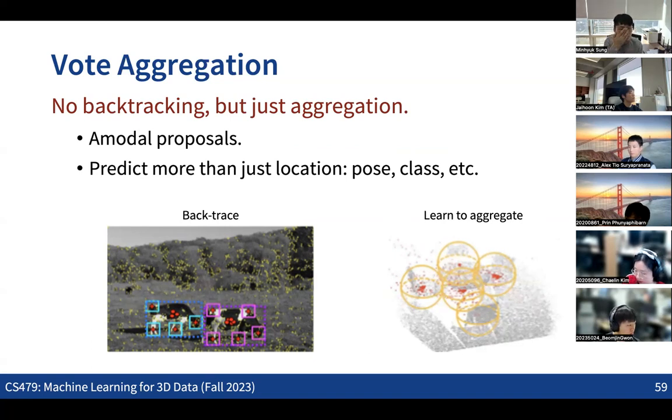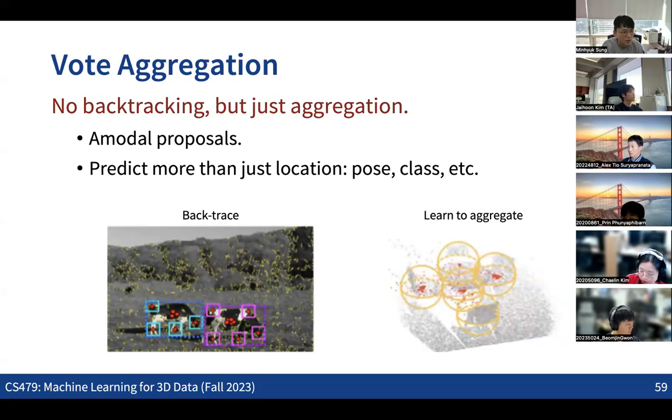So even when you get the local patch information that is contributing to each of the peak points, this does not give the information for the bounding box of the complete object, right? That's why we are not applying back tracing in this case. We also want additional information like the poses and the classes, so for that we just aggregate all the votes without back tracing.